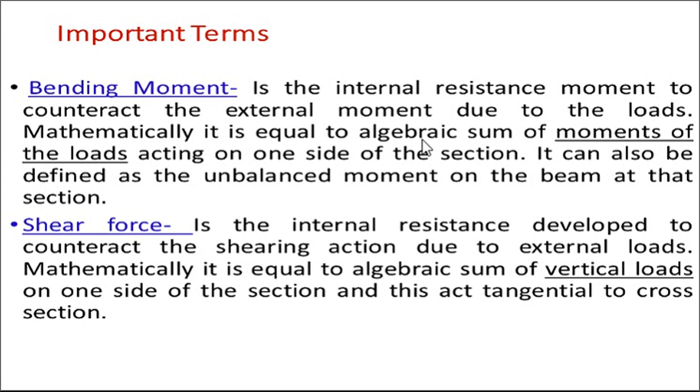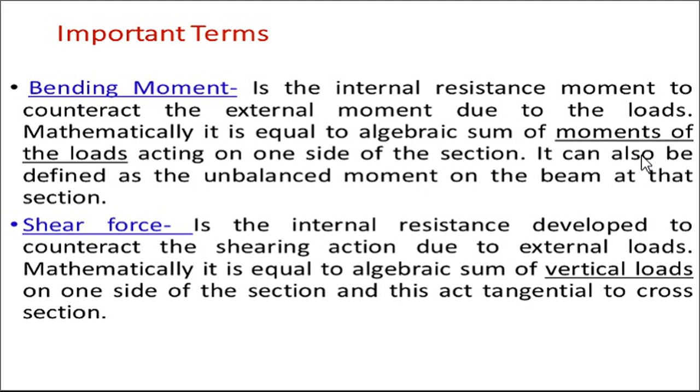That's why the word used here is the algebraic sum of moments of the loads acting on one side of the section. If you want to find this moment at any particular section, you can take either the left side of the section or the right side. If you find that algebraic sum for that particular portion, you will get the bending moment.